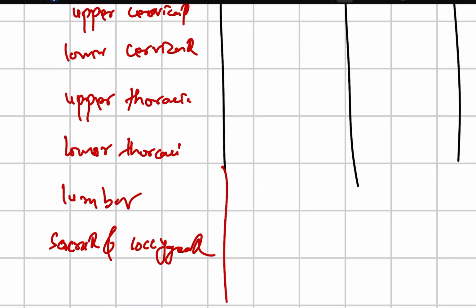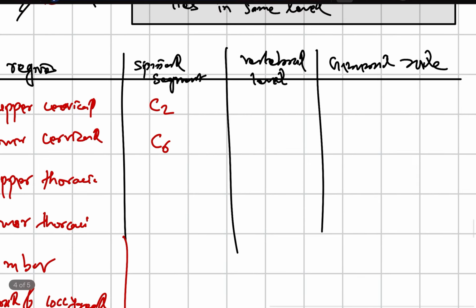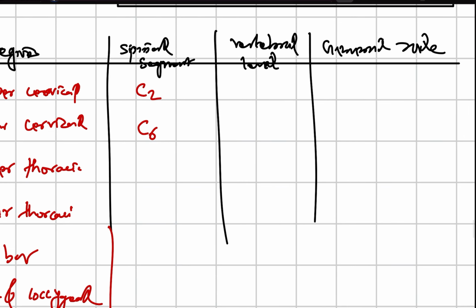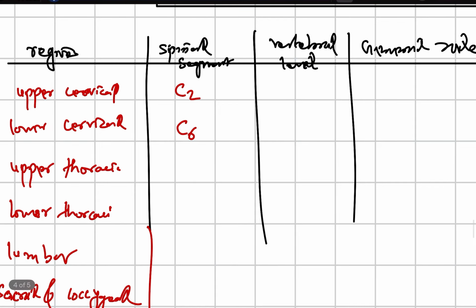When we look at the spinal segments, in the upper cervical there is C2, and for the lower cervical there is C6. And when we look at the vertebral level, where is it lying? The upper cervical segment C2 lies at the level of C2.